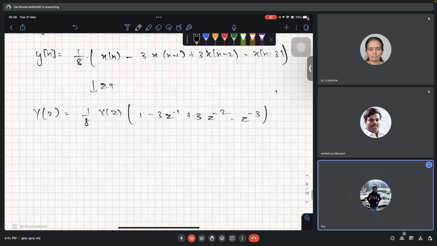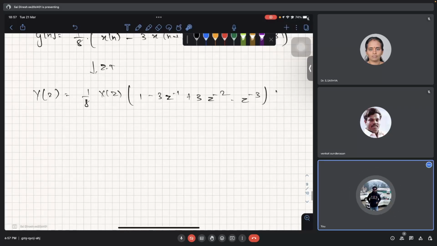Okay, so if you see, let's say 1 is a and then z inverse is b, so a minus 3b, 3ab, and then I think this is plus, right? Yeah, plus 3ab square minus b cube.